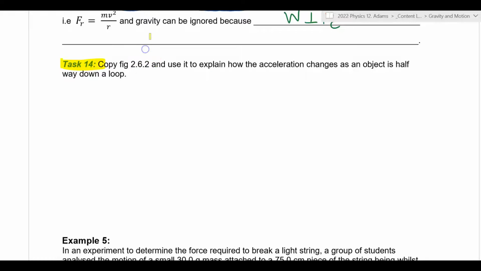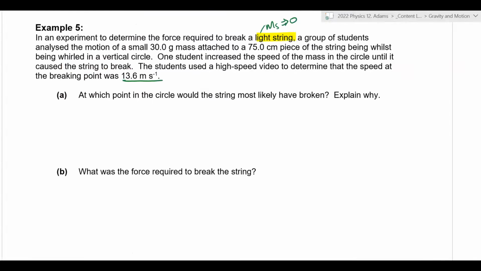So in other words, it's the second diagram in section 6 of chapter 2 of your textbook. Pause for a bit and then come back and we'll do example 5. All right, so let's continue. So task 14 was figure 2.6.2. It's pretty self-explanatory. If you read the textbook, it does that quite nicely. So let's not dwell on it. Let's jump straight to example 5.